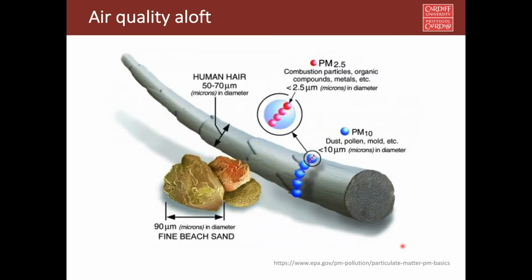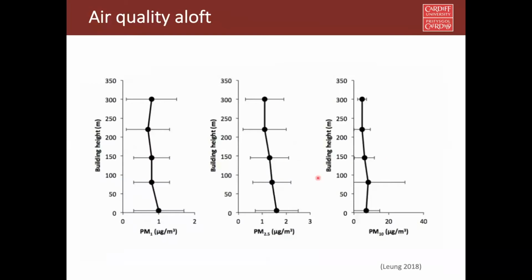So PM1, PM2.5, PM10, you can look at the definitions later, but they're very important, as are volatile organic compounds. If we look at what happens to PM1, we can see there is a change in PM1 level as we go along the height. Same for PM2.5 and PM10. So all these issues need to be dealt with when we design a tall building.